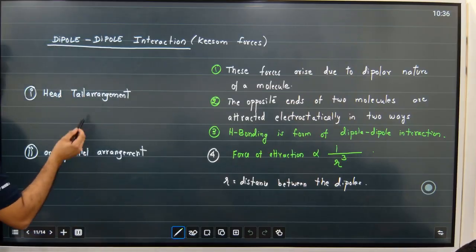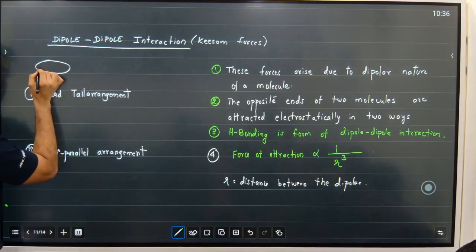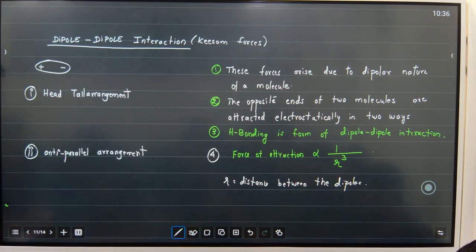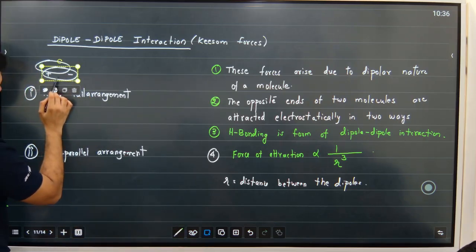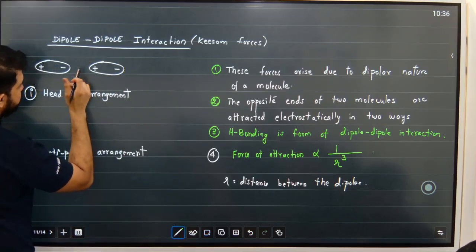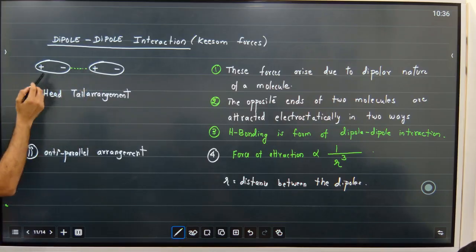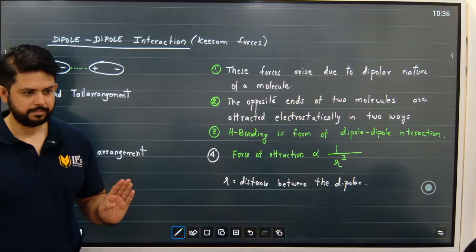For example, let's say मेरे पास I have a dipole just like HF, which will have a delta positive and a delta negative, and I have another dipole. So the interaction between two dipoles, this force of attraction between the negative part of this dipole to the positive part is called as dipole-dipole interaction.